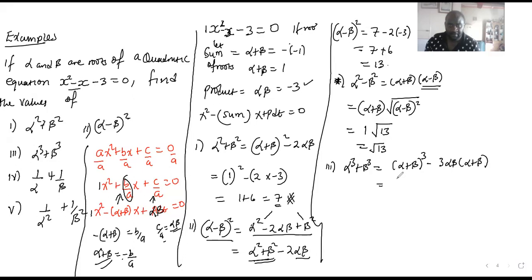So where does the square root come from in the second example? On this one, I've told you they are going to set questions in a funny way. Funny way you've never imagined or seen. For example, they can set for you a cubed minus b cubed. Then you say, huh? Teacher only taught a cubed plus b cubed.